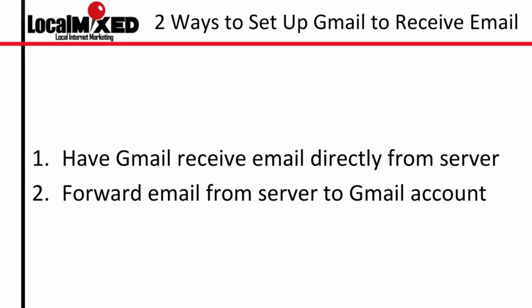For the second way, you need access to your server. You may not have administration privileges and be able to set up a forward through your server. If you want to do it this way, you'll have to talk to someone with those privileges. Or you could just do it the first way and have Gmail get it directly. It really doesn't matter.